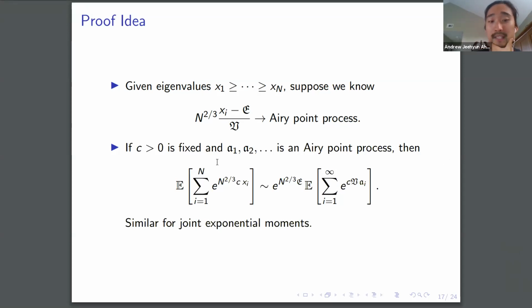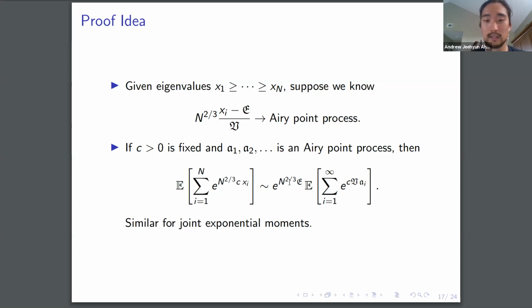Then if I take the following expectation, some expectation over the exponential moments of these x_i's, with a Laplace parameter growing of order n to the 2/3, then this should behave for n large like e to the n to the 2/3 times the edge, times the expectation of some exponential moment of the Airy point process.